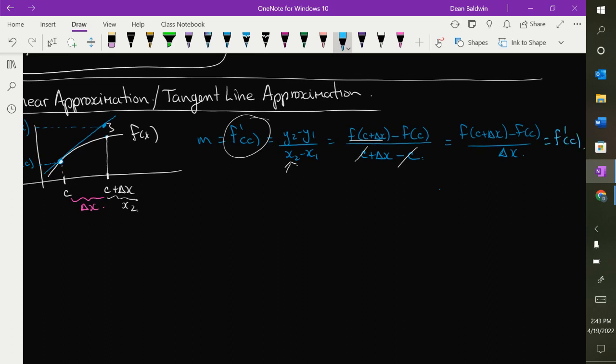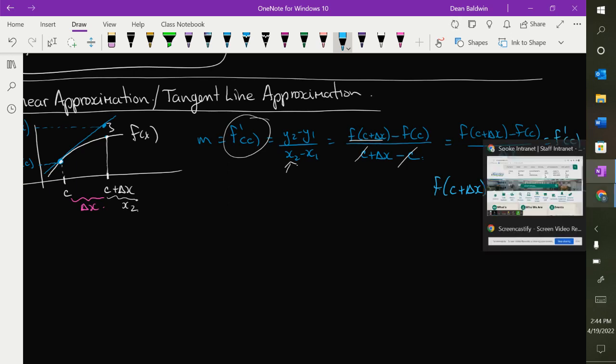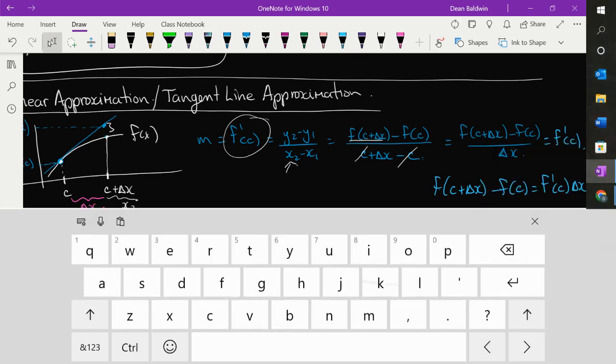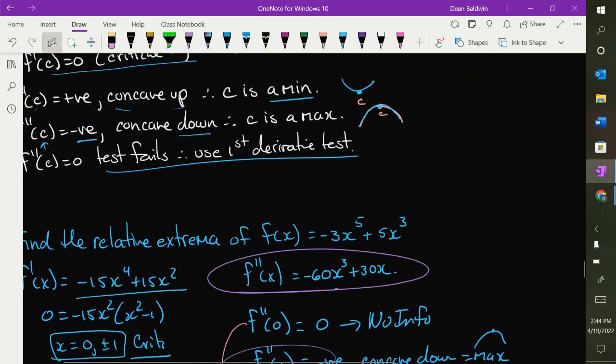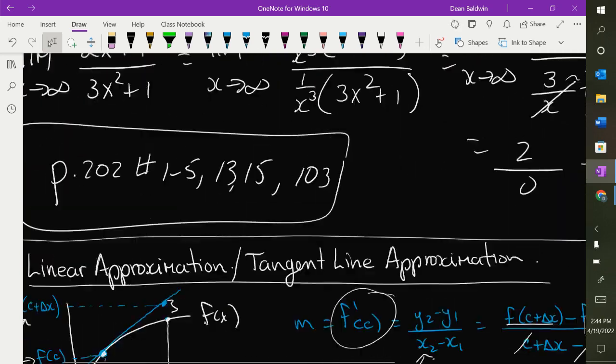So if I multiply the delta x up, I get f of c plus delta x minus f of c is equal to f prime of c delta x. Sorry for this. Sorry, everybody.